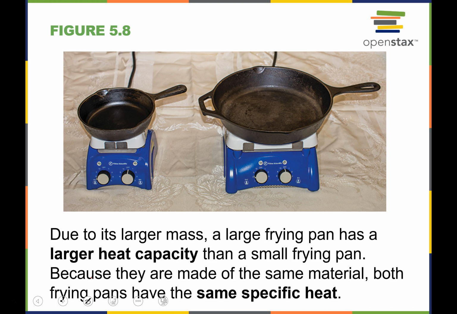Along those lines, if heat capacity is equal to mass times specific heat, here we have 2 frying pans, cast iron skillets maybe, where this mass is definitely less than this mass. Which one has the highest heat capacity? Yep, the second one.